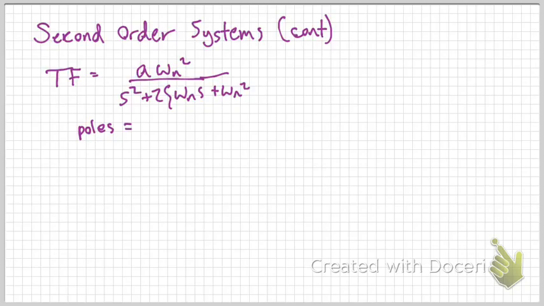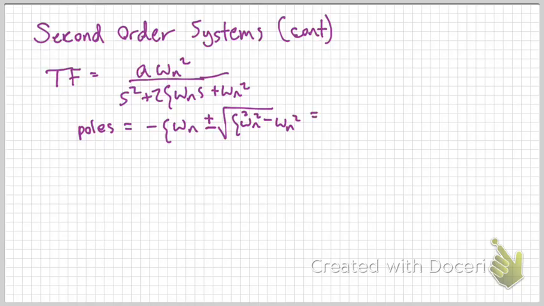So if we do the quadratic equation, that would be negative zeta omega n plus or minus the square root of zeta squared omega n squared minus omega n squared.